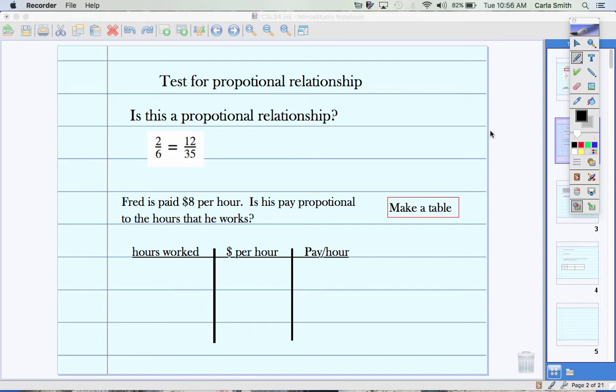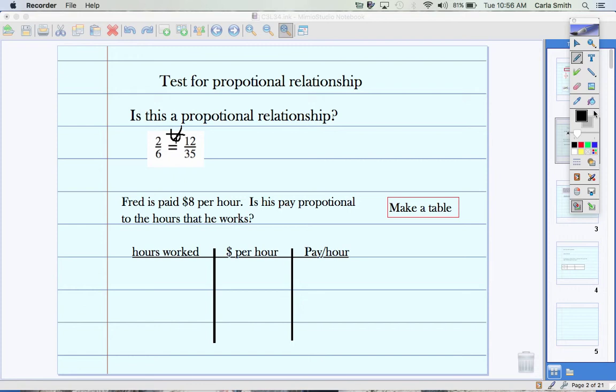I'm going to look across and say, okay, 2 times what gives me 12, and I know that is 6. 6 times what gives me 35? Well, I know 6 times 6 gives me 36, so those across cannot be used.